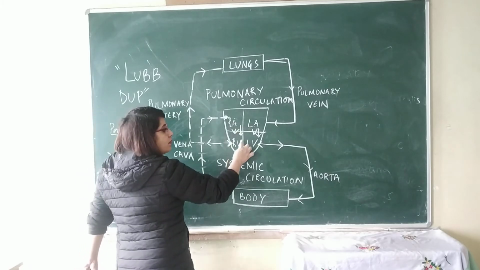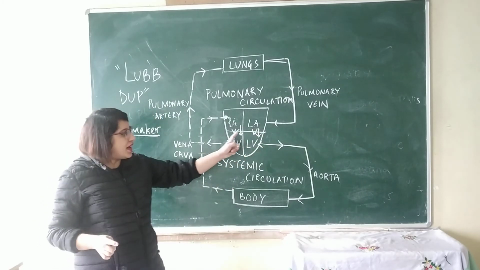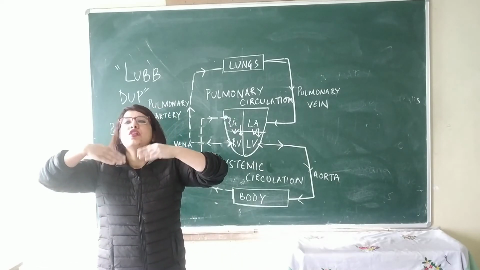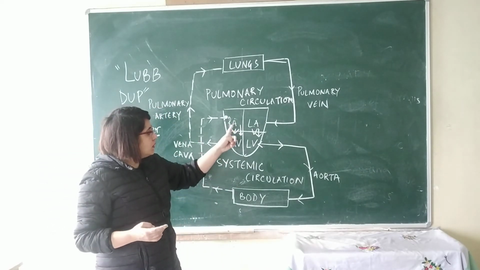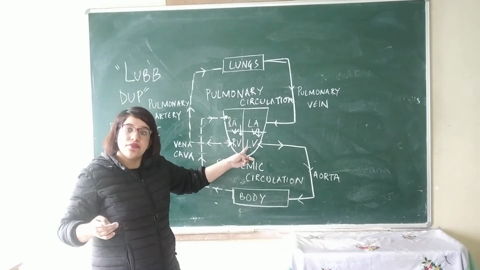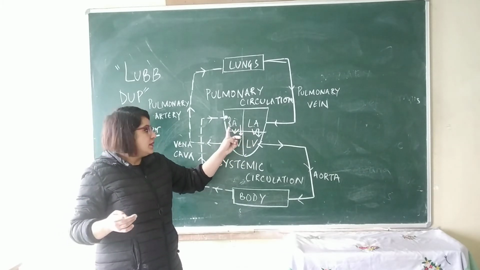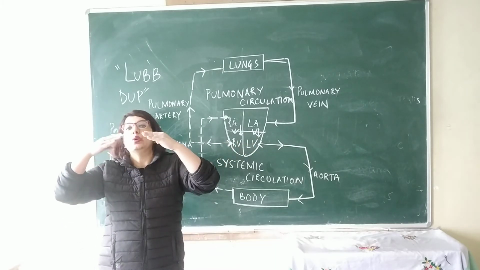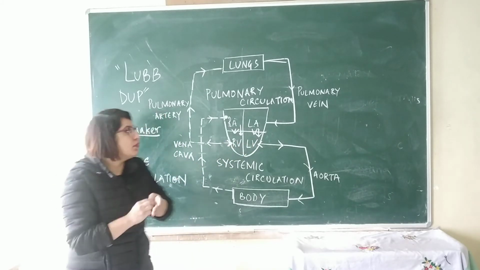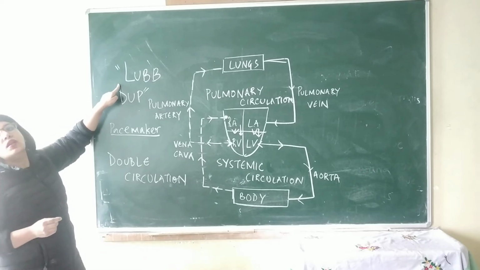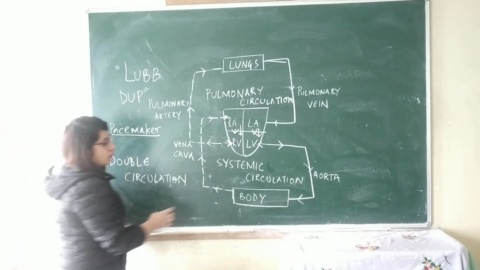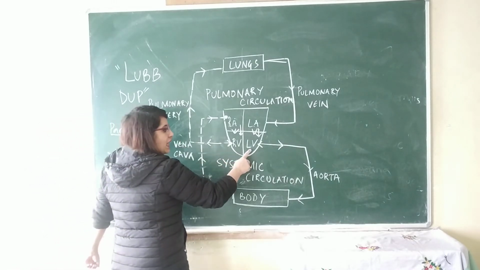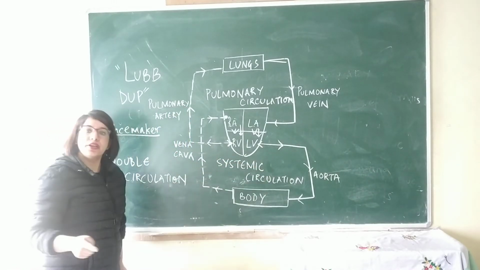Now, when the blood enters the ventricles, there are valves here. Now, to prevent the backflow of blood, what happens? The valve closes. So, once all the blood from the auricles has entered the ventricles, the valves, that is the tricuspid valve and the bicuspid valve, close. So, during this time, we hear the sound lub. Now, blood from the right ventricle is entering the pulmonary artery and from the left ventricle is entering the aorta.